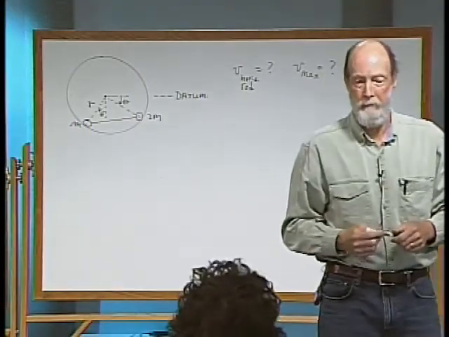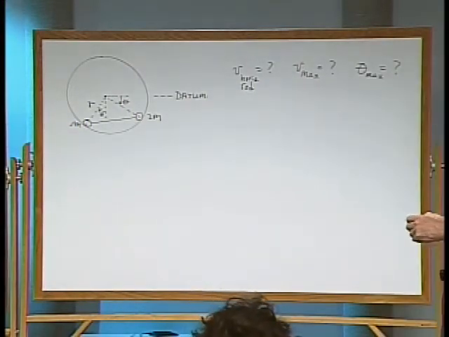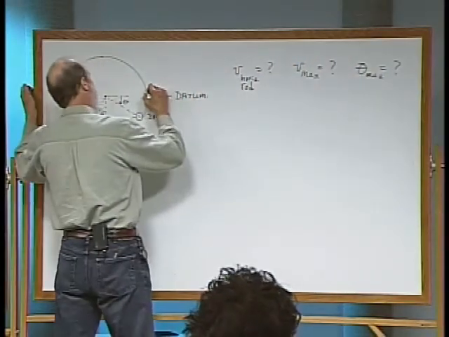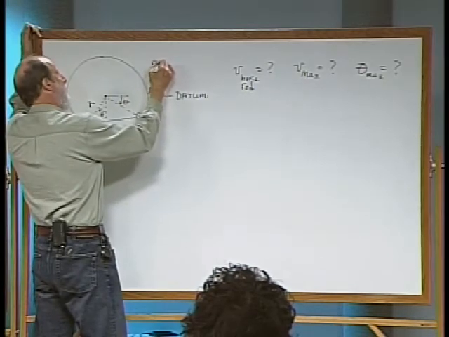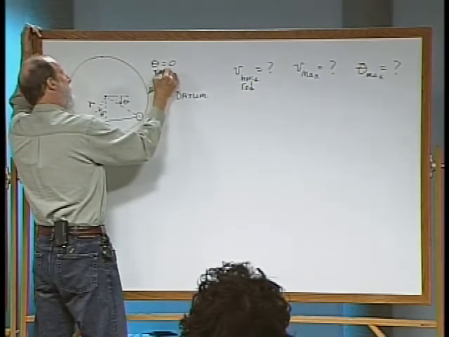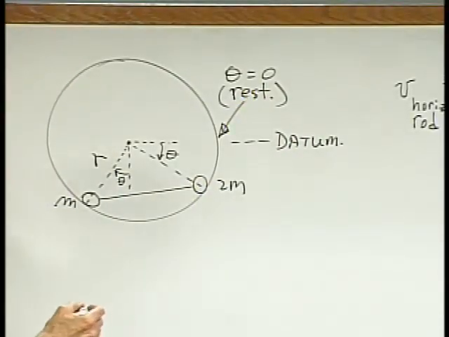Okay. No friction. Right here is the starting spot. Theta equals 0. We're at rest, and then we let it go.